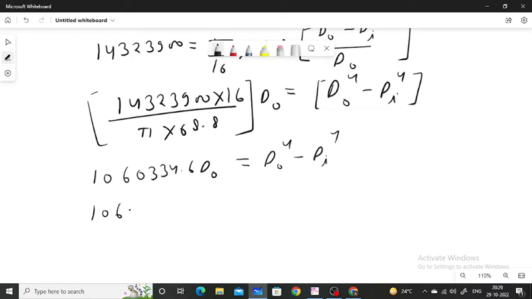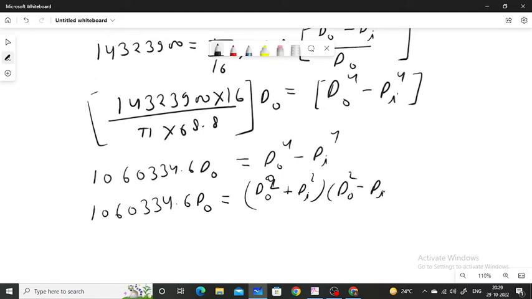Or 1060334.6 outer diameter will be equal to the following.